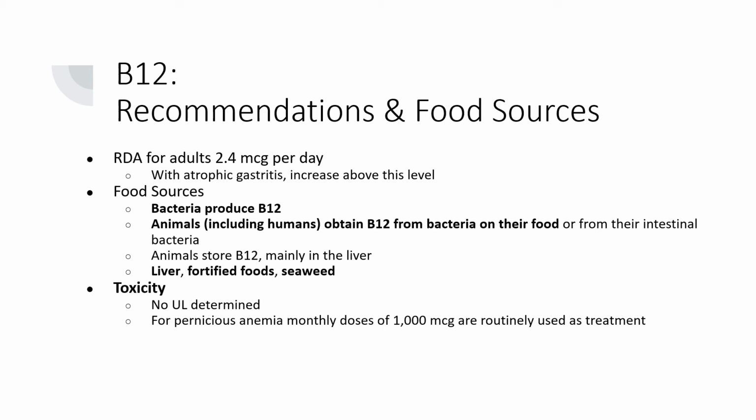Animals, including human animals, can store B12. So again, for humans, if we're eating animal food, animal liver is actually the richest source of B12. It's not generally stored in muscle tissue, but again, we don't often eat the organ meats.